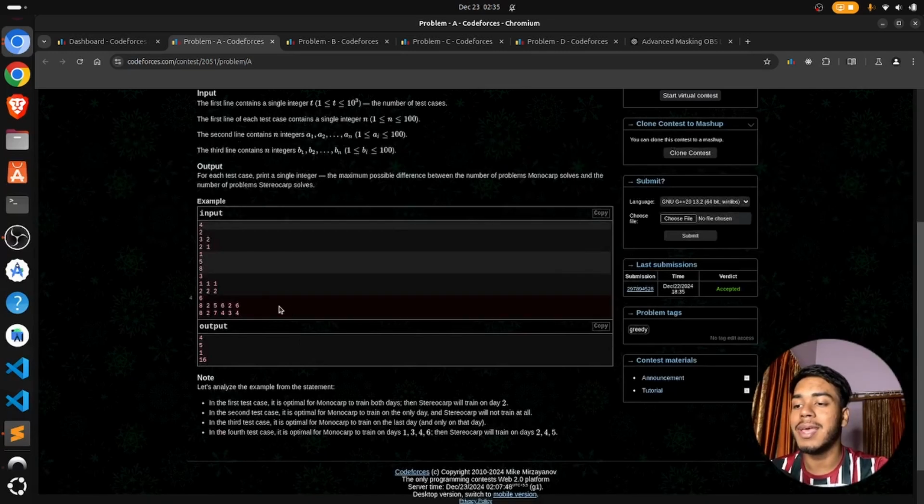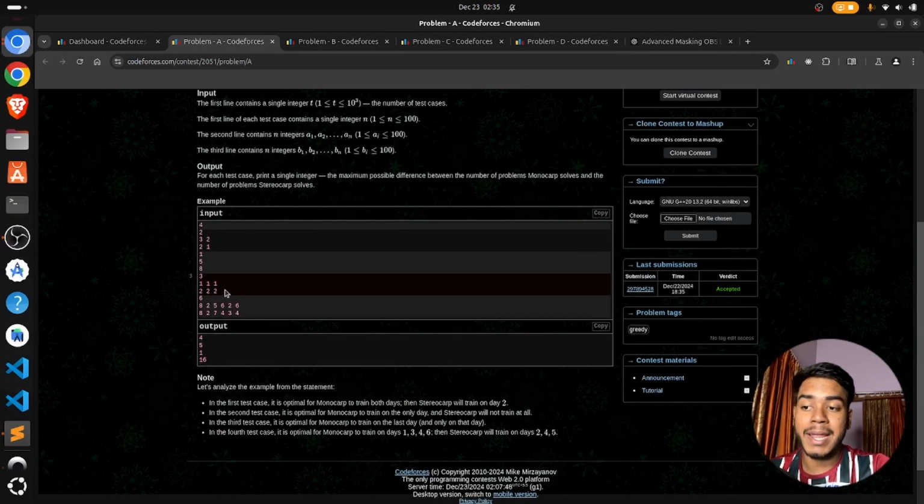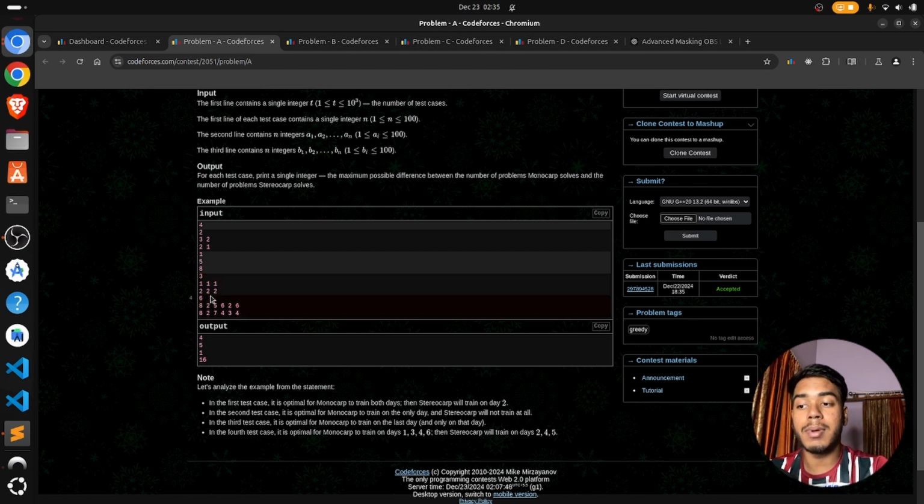So the array given for Stereocarp works like this: if Monocarp solves one problem on the first day, Stereocarp will solve the problems on the second day, as it is just the adjacent day.